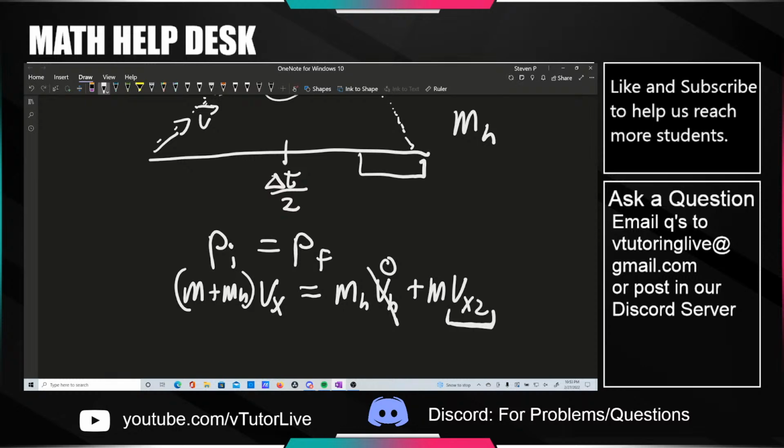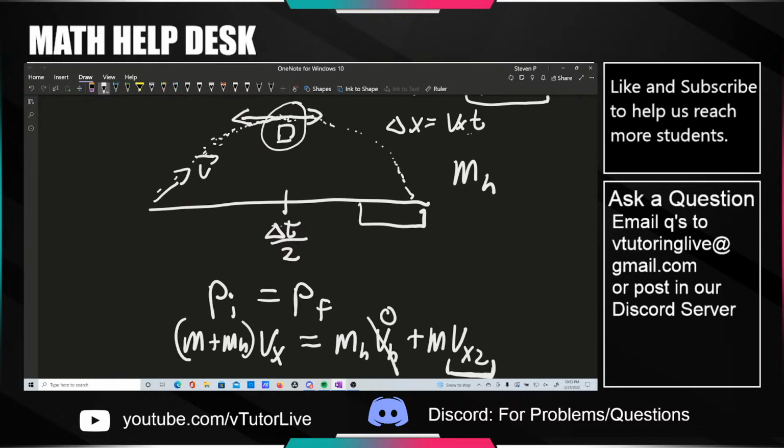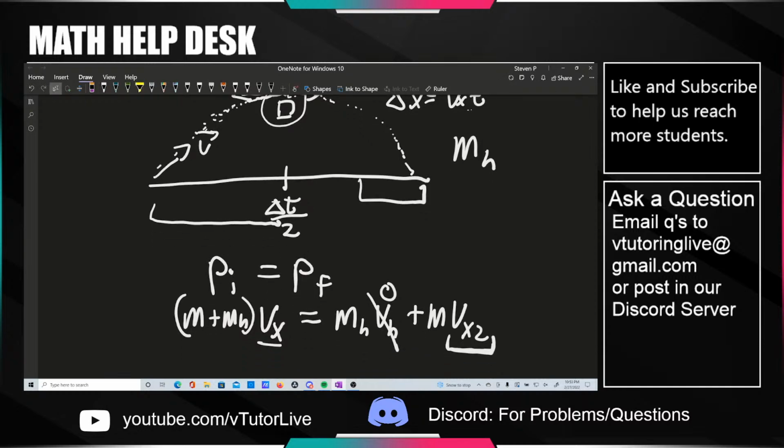Once you know Vx2, well, you know that it took delta t over 2. You know how far he's gone already, because that's just Vx times delta t over 2, right? But then for the second half of the phase, which takes another delta t over 2, he's just going at a boosted velocity. So it looks like Vx original times delta t over 2 plus Vx2 times delta t over 2.